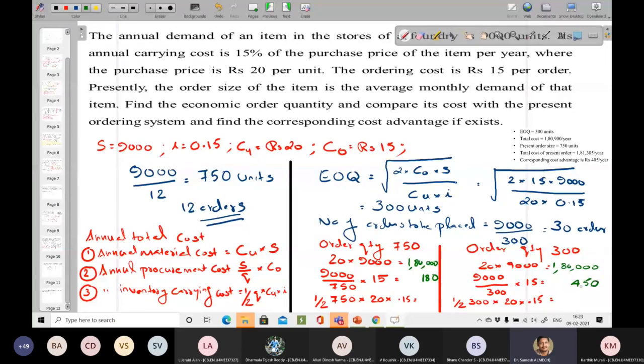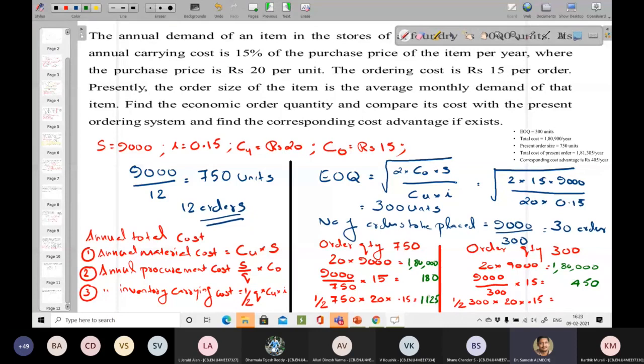Now next is 0.5 into 750 into 20 into 0.15. That is 1,125.